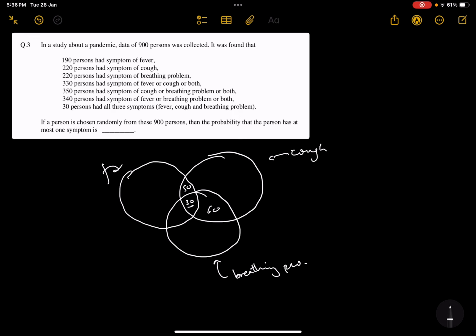And then we get from breathing problem and fever, we have 350, or rather 340, equals the number of people who have fever, 190, plus the number of people who have breathing problem, minus, this is R. This gives us R equals 190 plus 220 is 410, minus 30 is 380, 380 minus 340 is 40.